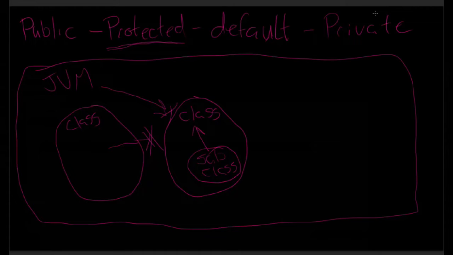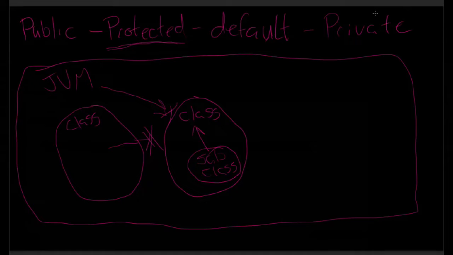So this is protected right here. So, just really quick, I'm looking at my notes and I didn't necessarily say it. So public is able to be seen from the classes, from the package, subclasses, and the world. And the world would be the JVM or whatever else, right?